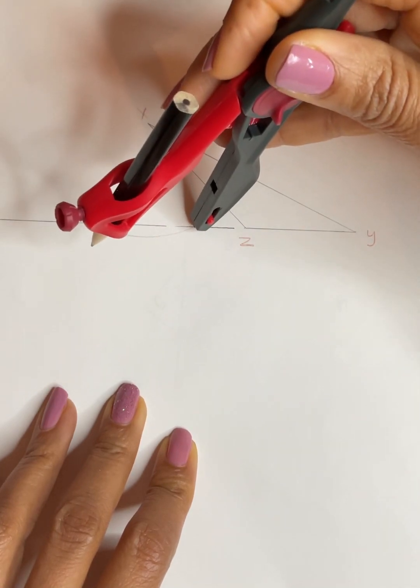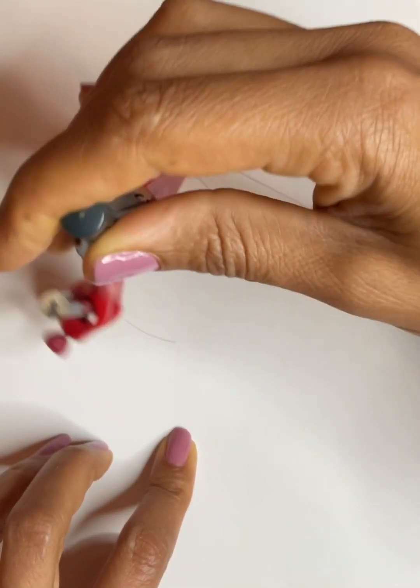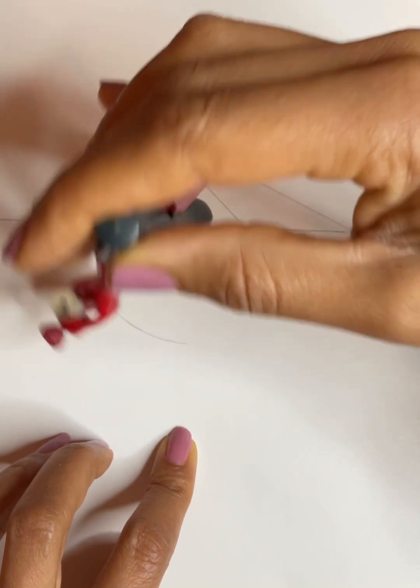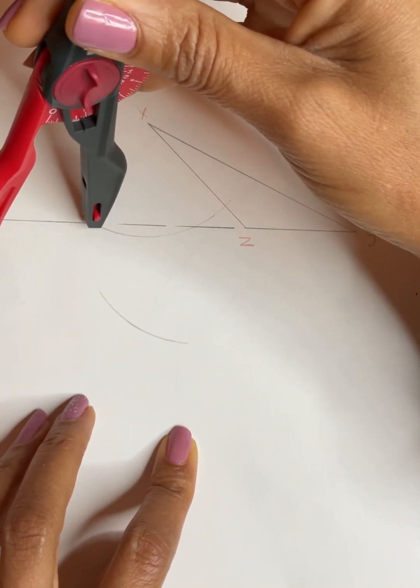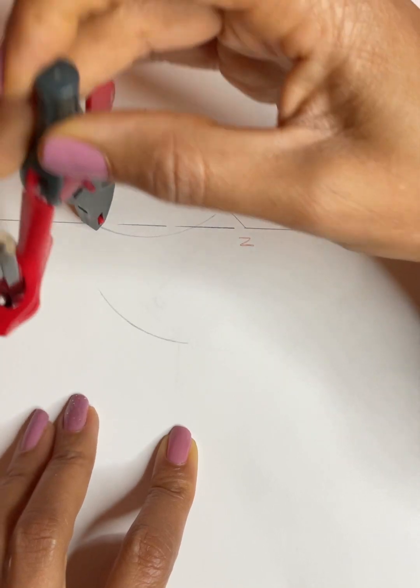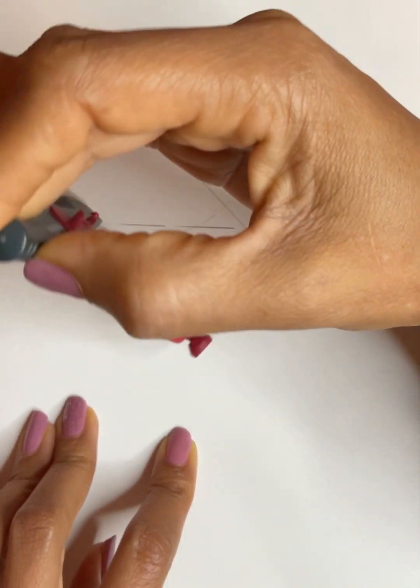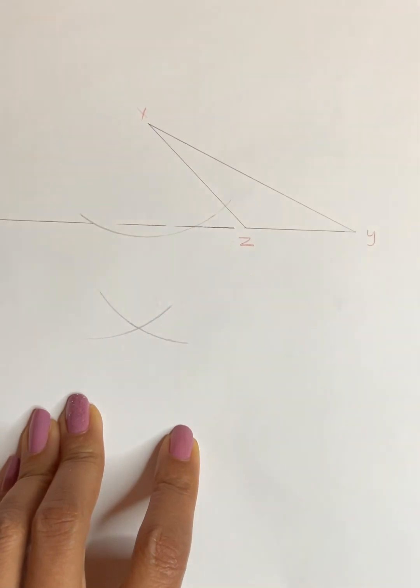Slide my pointer down to here, do another arc, okay, slide it over to the intersection of the line and the arc, the extended line or the auxiliary line.